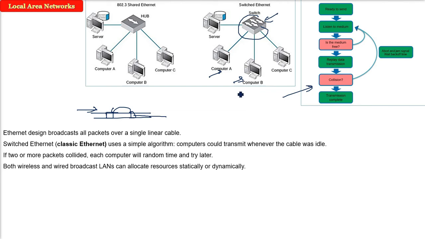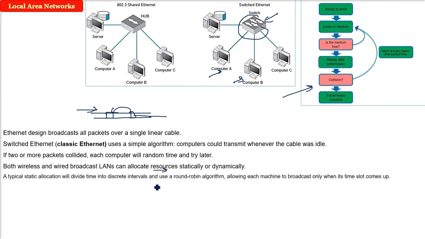This is the flowchart I also wanted to show, that both wired and wireless broadcast LANs can allocate different resources, statically or dynamically. Static and dynamic, what does it mean? See, if you are talking about static allocation, because everyone has to send data, this is all about exchanging data.